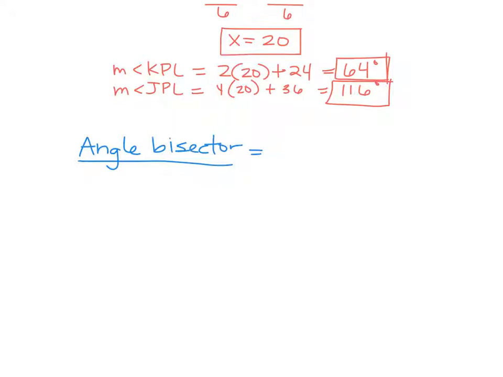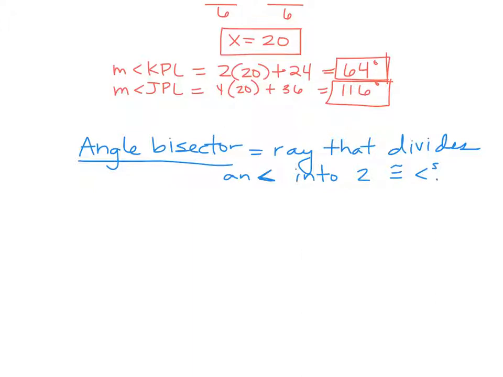So an angle bisector does the same thing. It cuts the angle into 2 equal angles. So this is a ray that divides an angle into 2 congruent angles.